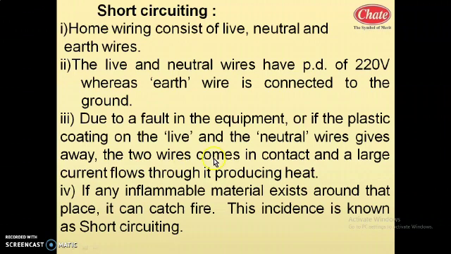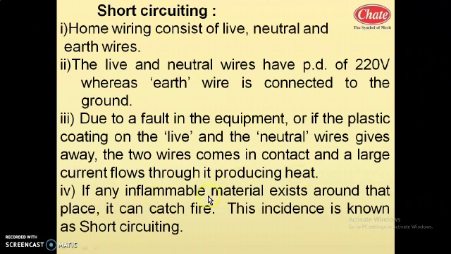The two wires, that is the live and neutral wire, come in contact and a large current flows through them, producing heat. So in such a case, the two wires come in contact and the large current flows, which produces sparking or a large amount of heat.